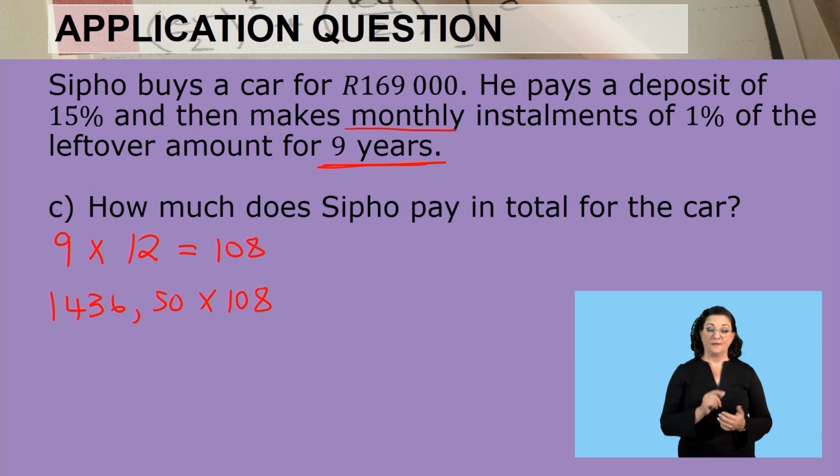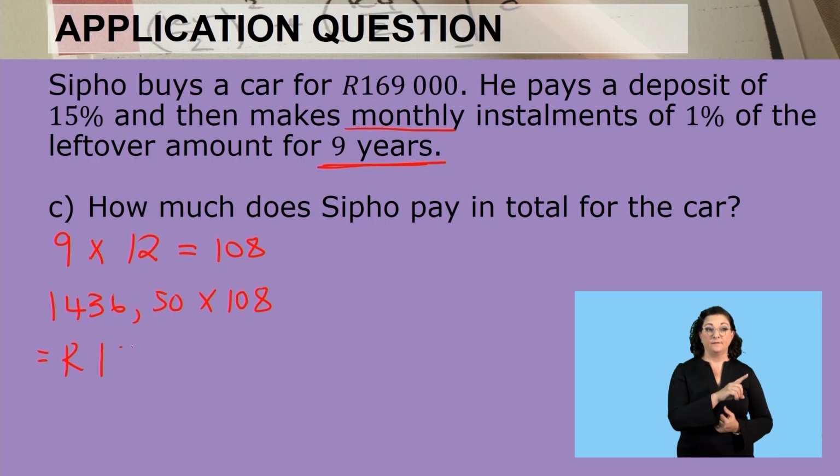And as you go on to your calculators, what do you get? Yes, this is 155,142 rand. Do you agree? Yes. And the last thing that we need to do is to add Sipho's deposit.